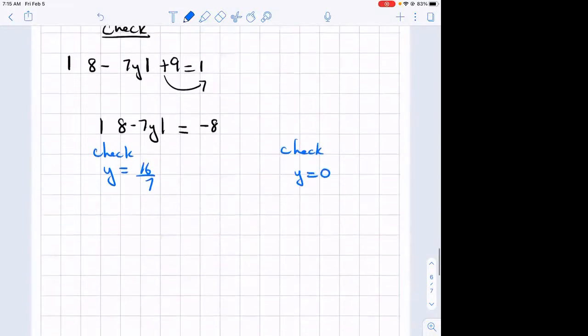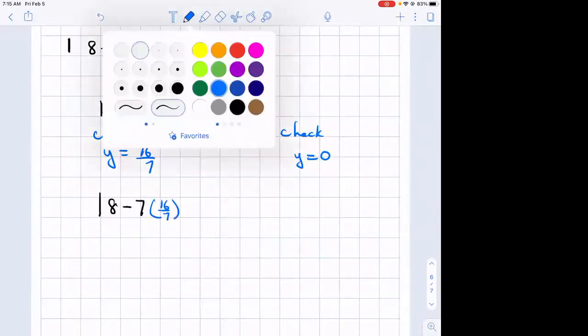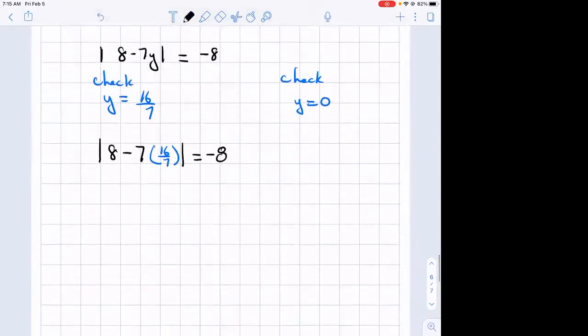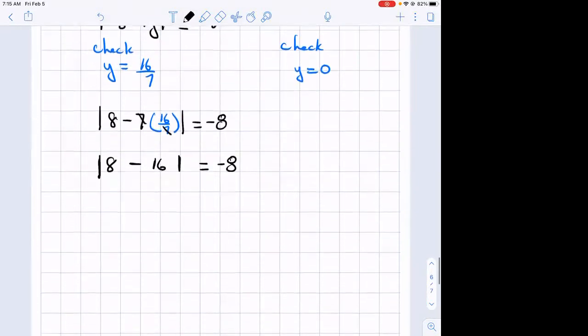If we perform our check, we have the absolute value of 8 minus 7, and remember, the value of y is 16 sevenths. That must be equal to minus 8. Simplifying this, you have 8 minus 16, which is negative 8.